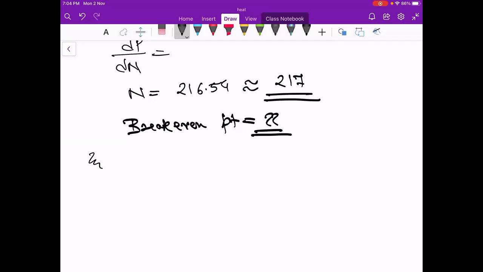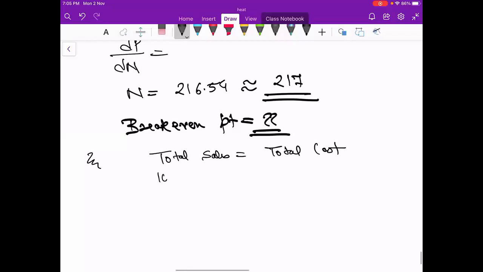Okay. So what will that be? Total sales equals total cost. Total sales will be 1000 into n. What will be total cost? 20,000 plus 500 plus 0.2 n to the power 1.3 multiplied by n.